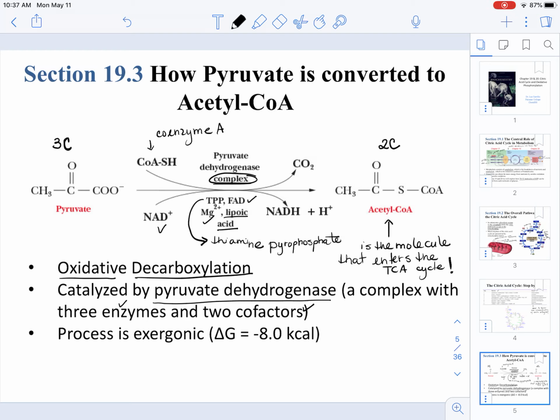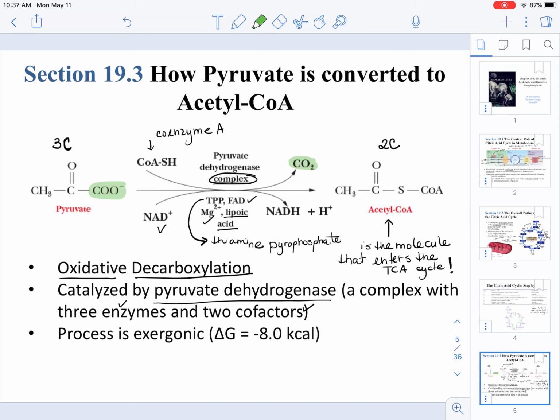So overall, what is occurring in this oxidative decarboxylation? As you can see, and I'm going to be circling in different colors, the reason why this is a decarboxylation is because we're going to be removing that carbon and 2 oxygens in the form of CO2.